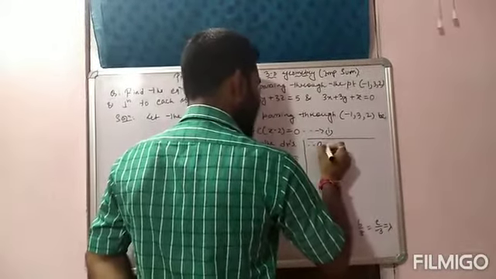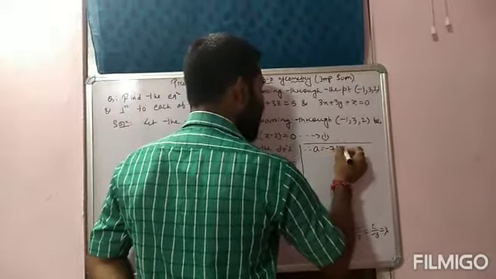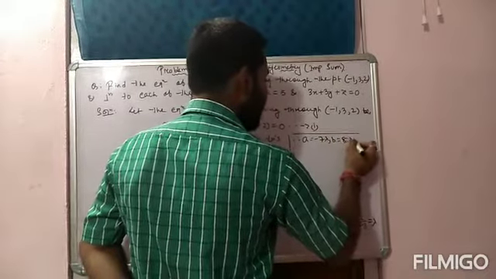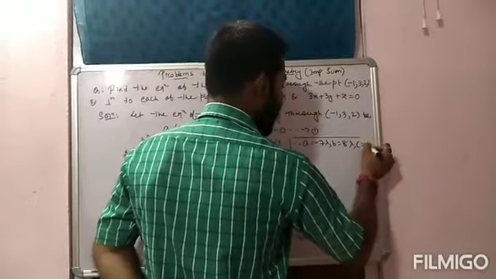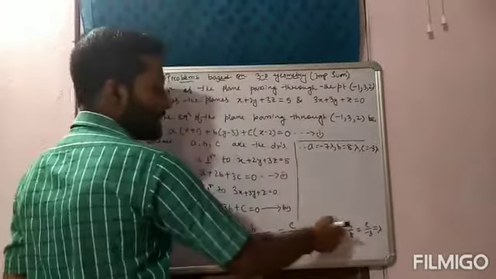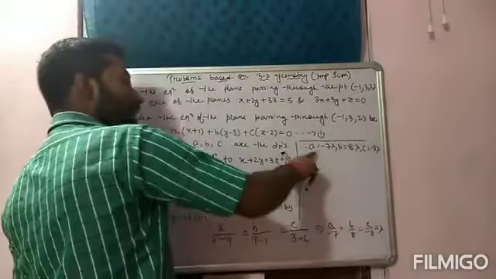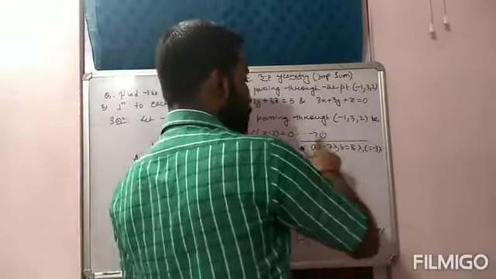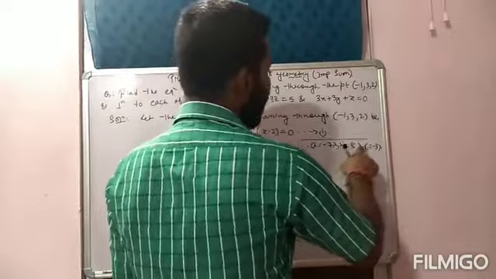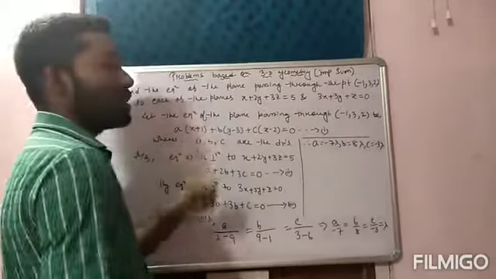Therefore, we can say a is equal to minus 7 lambda, b is equal to 8 lambda and c is equal to minus 3 lambda. So we got the values of a, b, c, but in terms of lambda, no problem. Now put the values of a, b and c in the first equation.